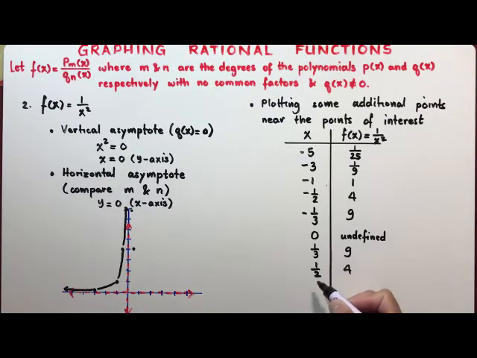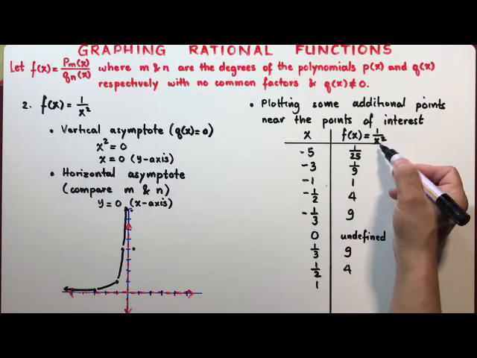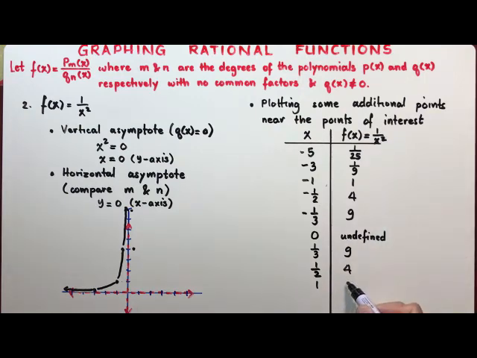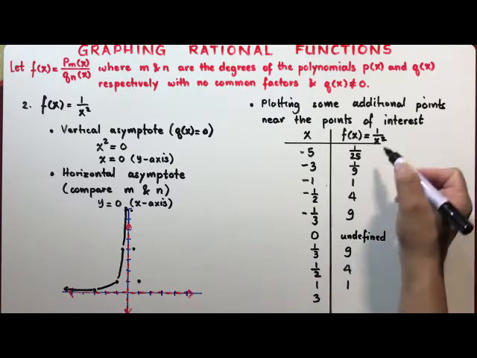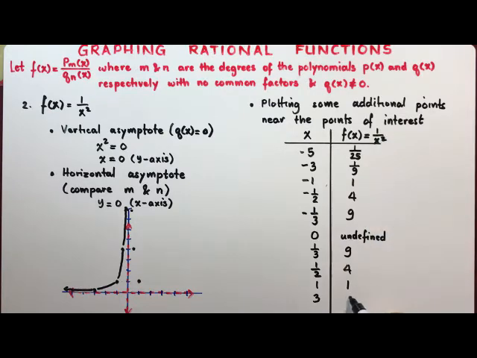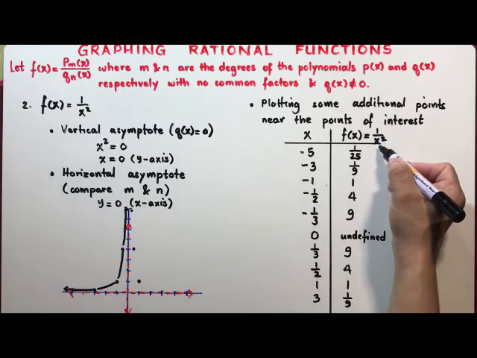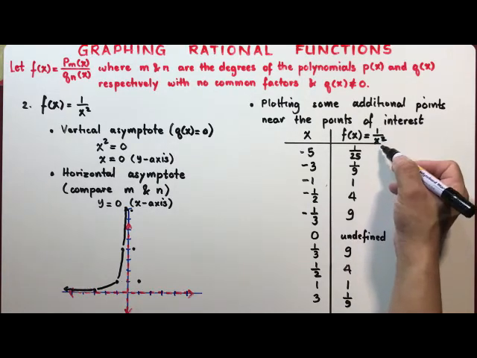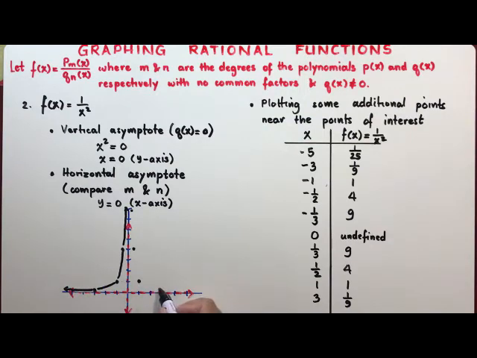And when your x is say 1, substituting it here, 1 divided by 1 squared, that is 1 over 1, and 1 over 1 is 1. And when your x is 3, we can substitute it here and find that this is 1 over 3 squared, and 3 squared is 9, so that's 1 over 9.